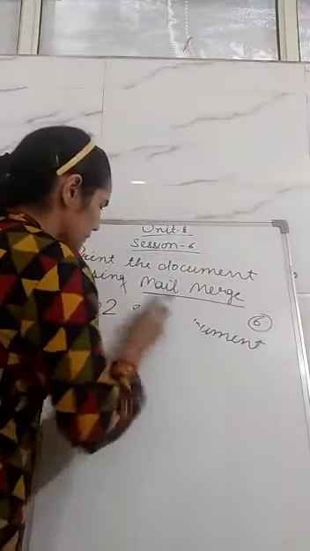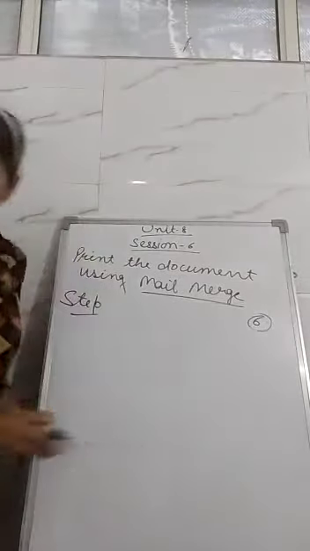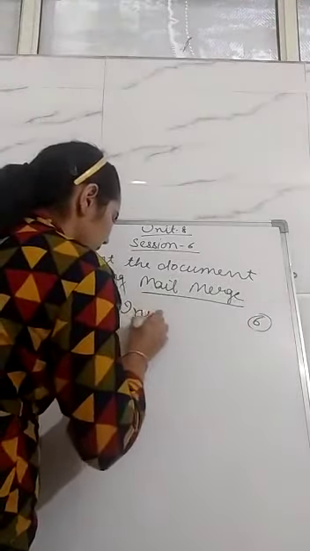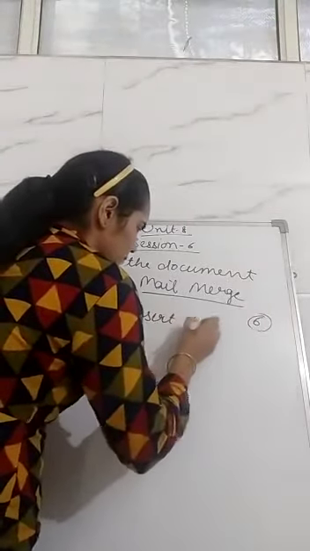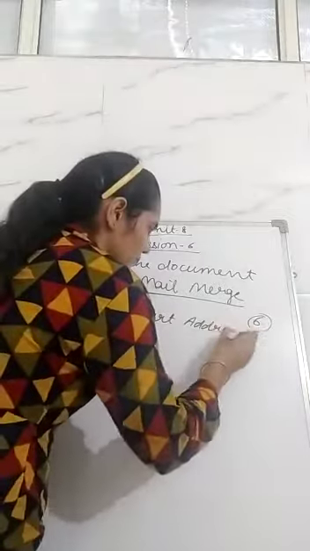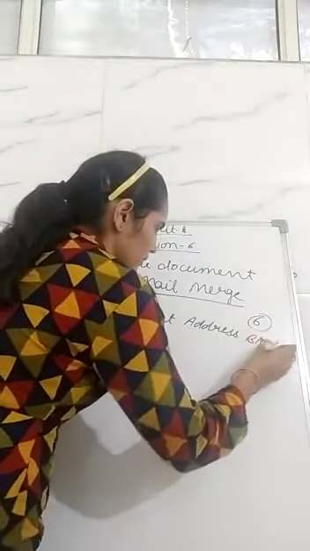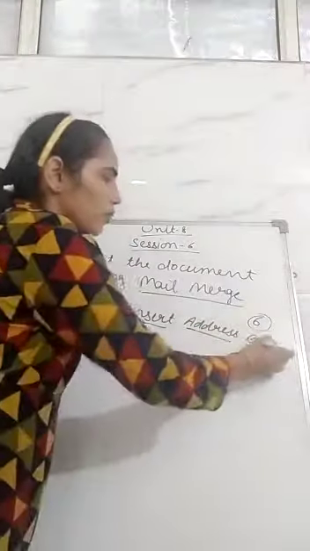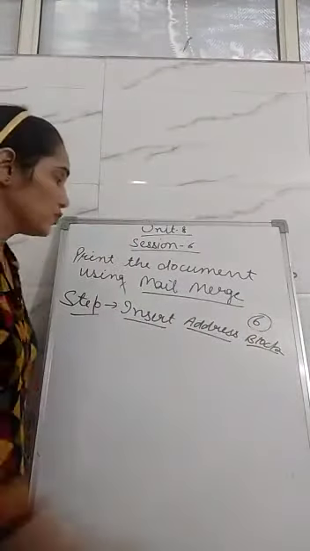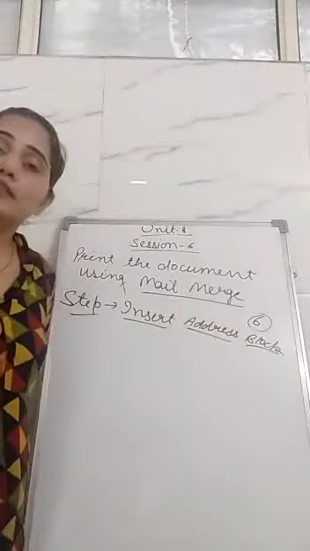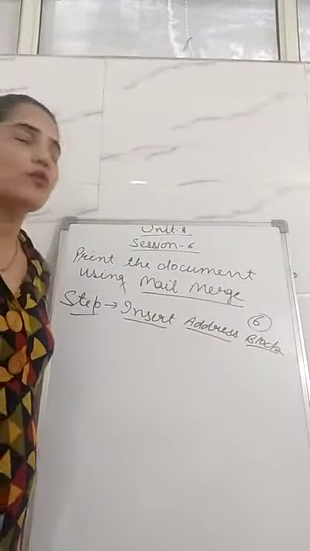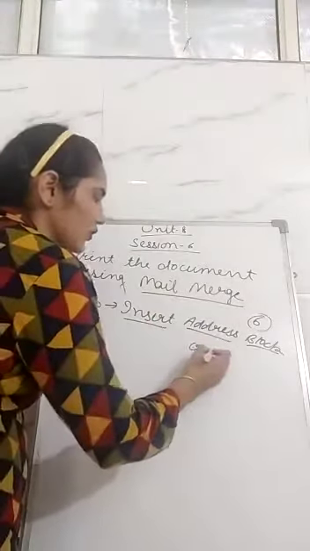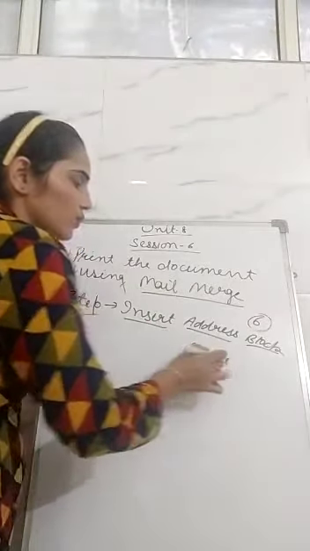Now come to the step number 3, that is insert address block. Yes, this is the main step. In this step we insert the addresses of the persons to whom we want to send the letter. And here on the right hand corner you will find the option create.